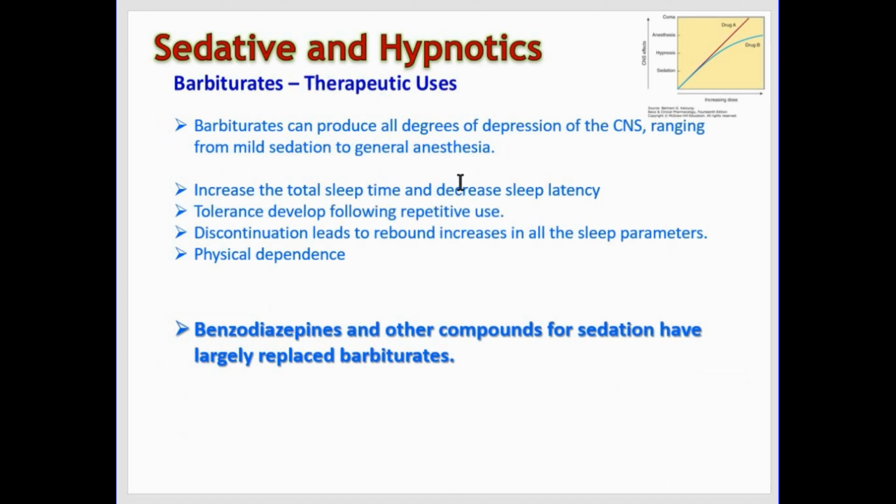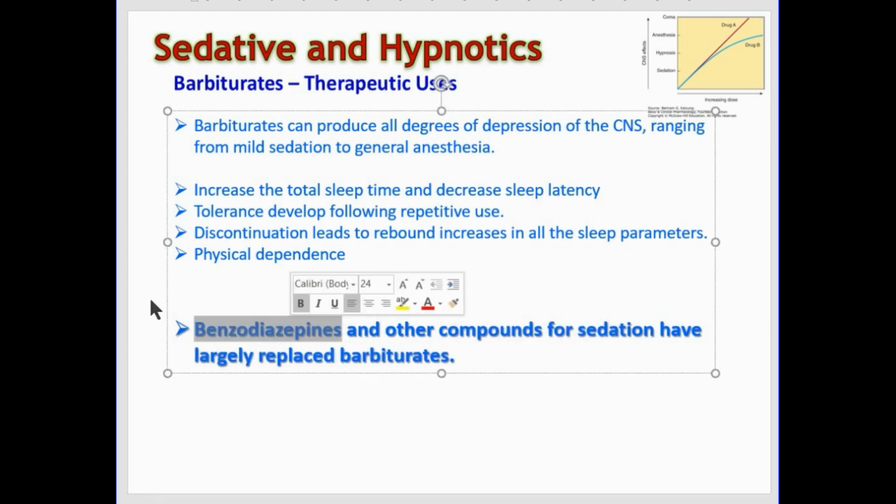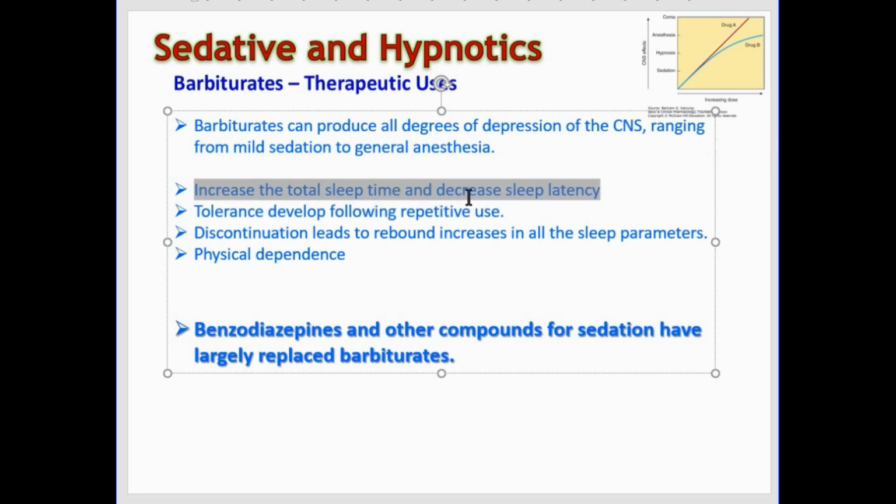So what are the uses? As I told you, they have been largely replaced by benzodiazepines, which are much safer. But let's look at how they impact sleep. They increase the total sleep time and decrease sleep latency, so they put you to sleep quickly and keep you asleep for a longer period of time.